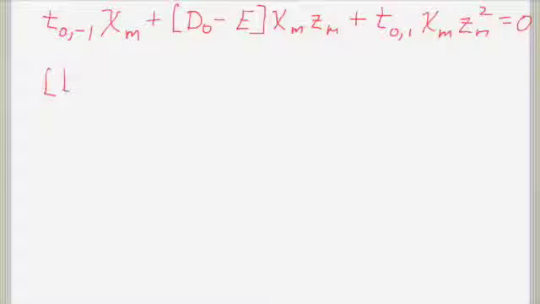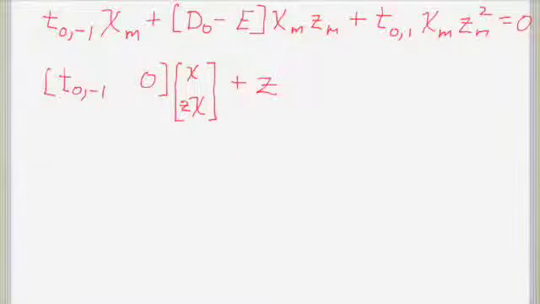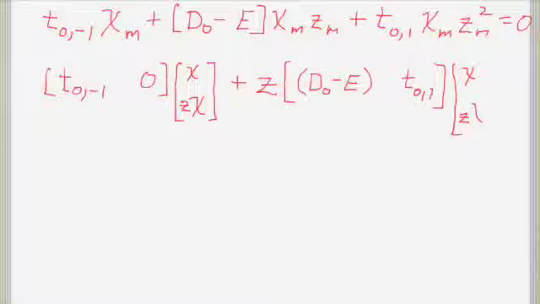So you rearrange it as T0,-1, 0, times the column chi, Z chi, plus Z times (D0 minus E), T0,1, chi, Z chi, equals 0.